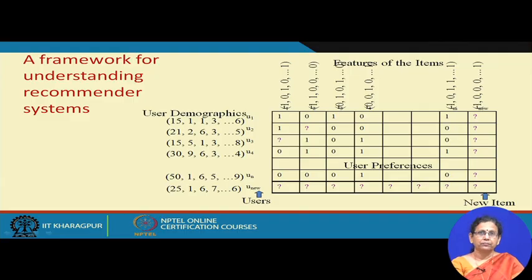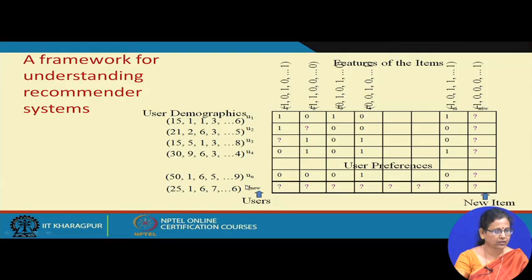Look at this diagram. Here you have three things. First, you have user preferences. Look at this matrix. The rows represent the users, U1, U2, U3 up to UN.